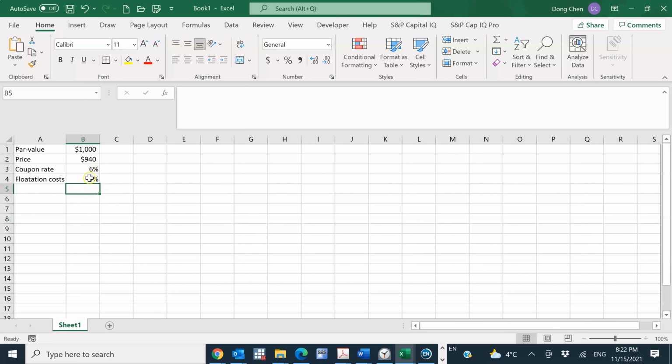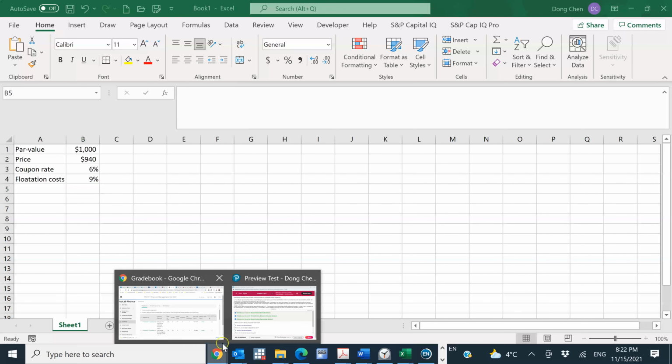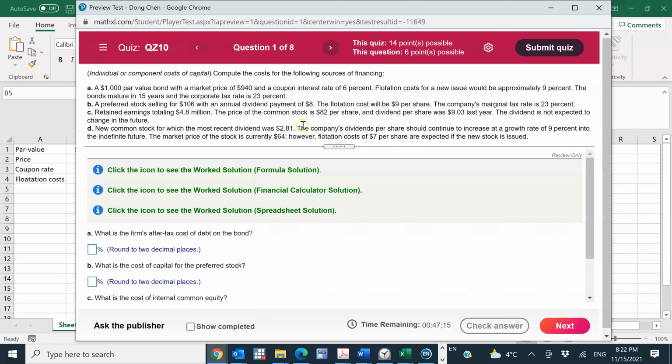So the net price should be the price traded on the market multiplied by 1 minus this flotation cost. And that's what matters in terms of the cost of debt for this calculation. So that's basically the information so far.